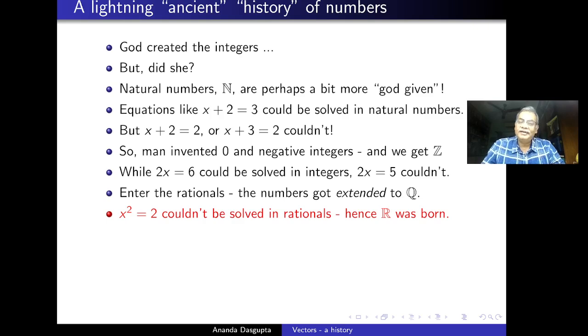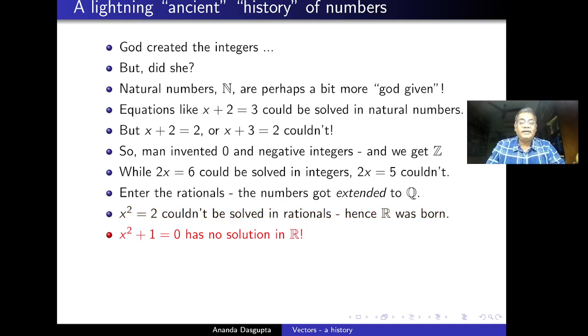Now, once again, the history of irrational numbers, one of the prime examples of which is square root of 2, is in itself fascinating, with a lot of nice and perhaps not so nice stories associated with it. But let's just cut to the fact that we ultimately end up with irrational numbers as well. And when you add the rationals to the irrationals, you end up with this new set of real numbers.